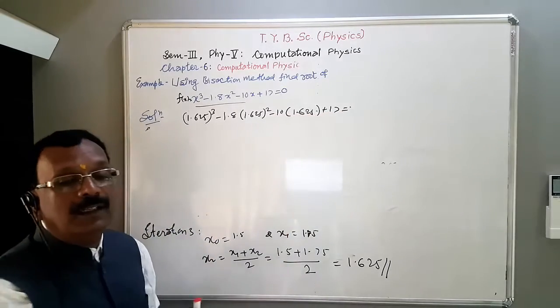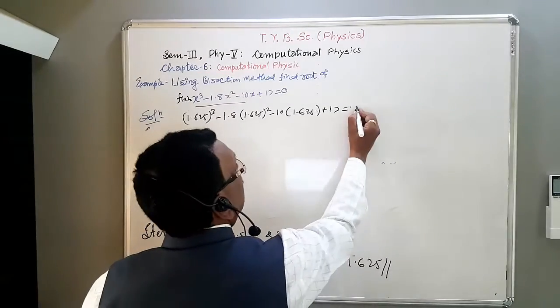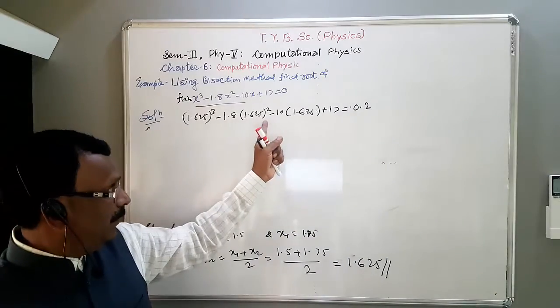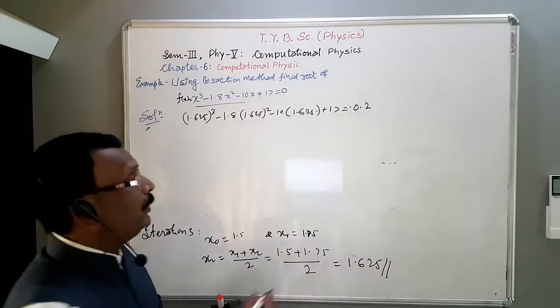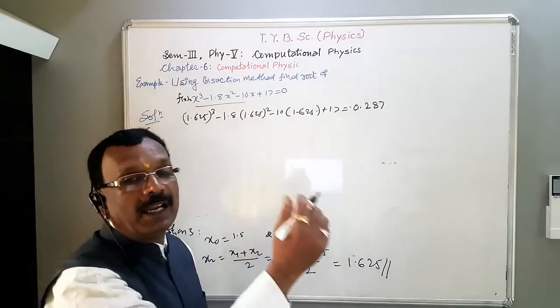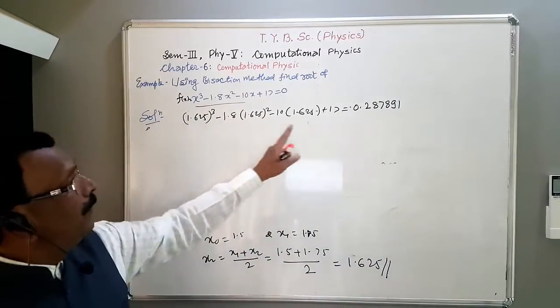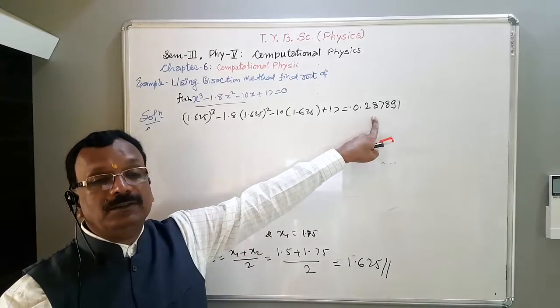Solve this. Make this calculation by simply using a calculator. You will get 0.287891. When you solve this term using a calculator, you will get this result.